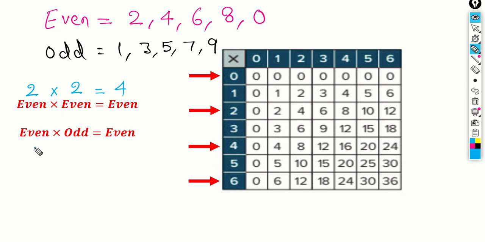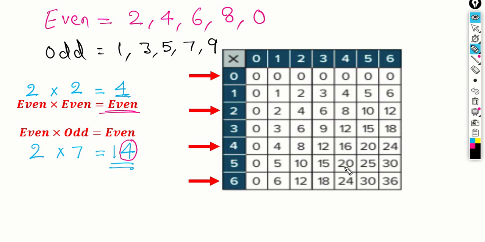Now if you multiply an even number with an odd number, you can select any of these, so let's just give it a random 7. 2 times 7 is 14, so this is even and this is also even. If you are confused why this is even, it is because this is ending with 4. So even times odd is also even.